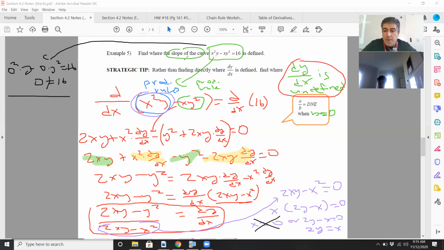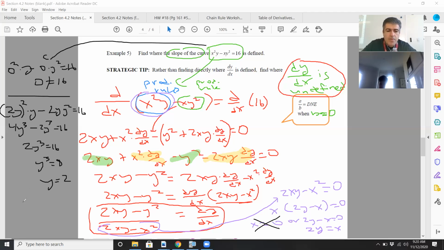But x equals 2y, let's substitute. If x equals 2y, I replace x with 2y. (2y) squared times y minus 2y times y squared equals 16. Well, if I square 2y, that's 4y squared, but then 4y cubed minus 2y cubed, 2y cubed equals 16. y cubed is 8. y is 2.